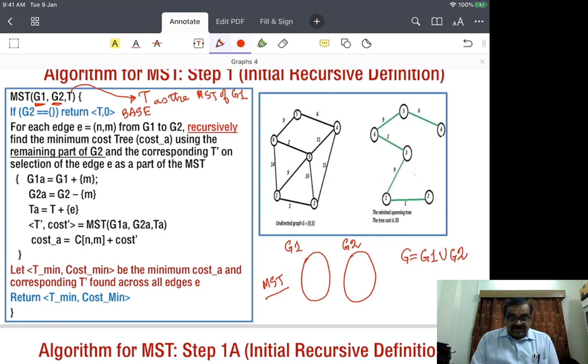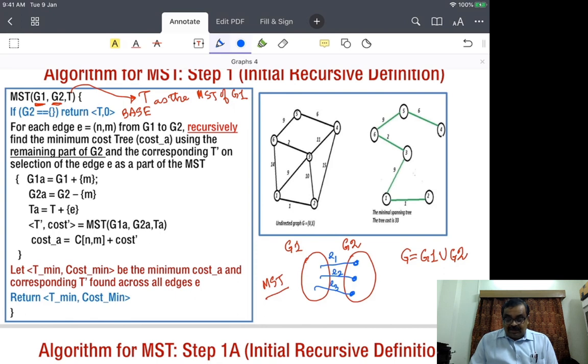Otherwise, this is the most important condition. What we now have, let us assume, we have a few edges going from G1 and G2. So each edge, let us say, is E1, E2, E3, and it occupies some node here.